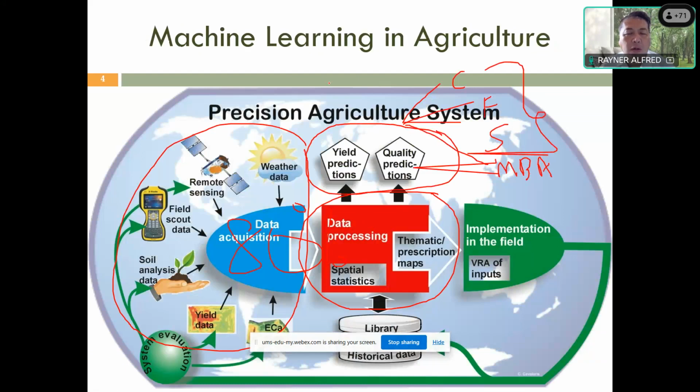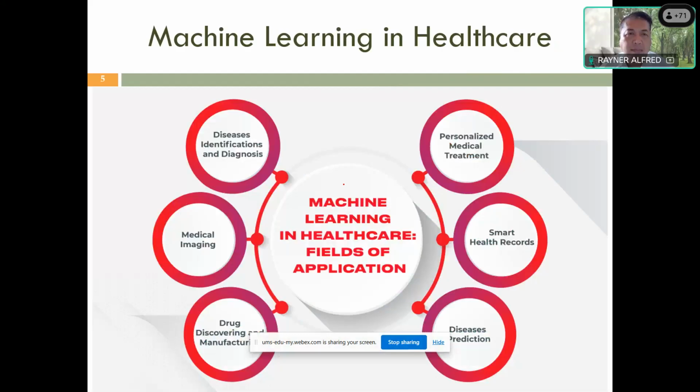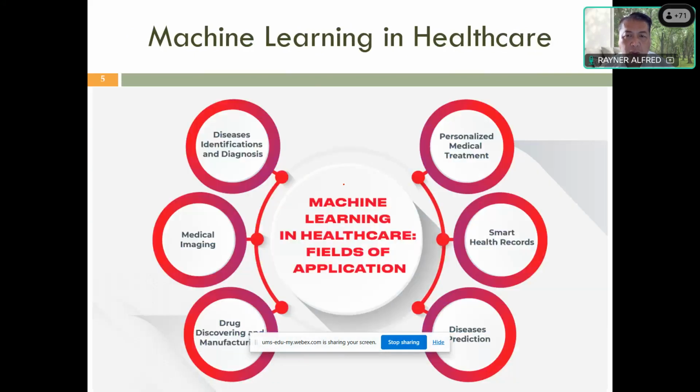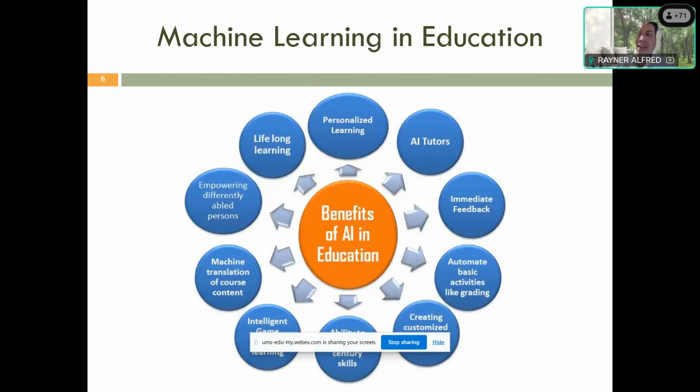So once you train your machine learning model, then you can develop a GUI or mobile apps for users to use your model. Okay. So these are some of the areas where machine learning can be leveraged in order to improve the services. This is in education. So what we can say is that machine learning is everywhere.